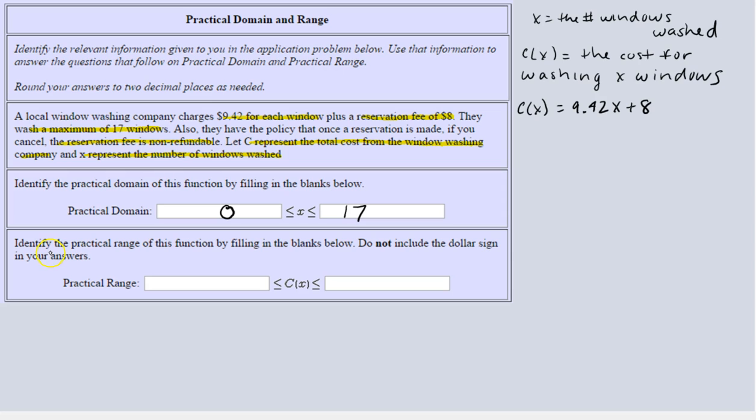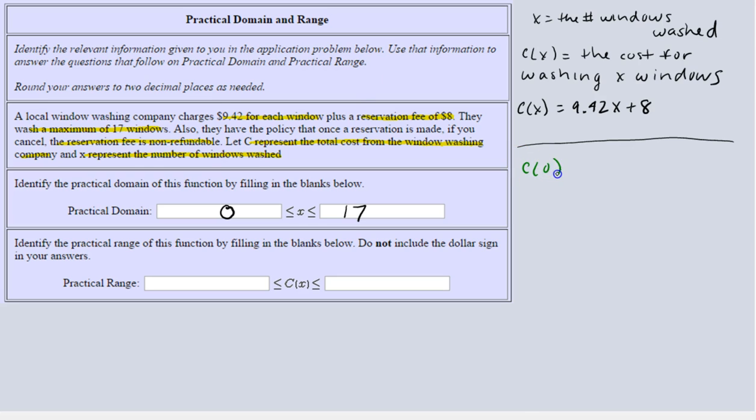Okay. Now we're going to identify the practical range of this function. Well, the range is the possible output values. So C of X represents the cost for washing X windows. Notice if you have 0 windows washed, that would be the smallest cost you could possibly have. So let's evaluate this.